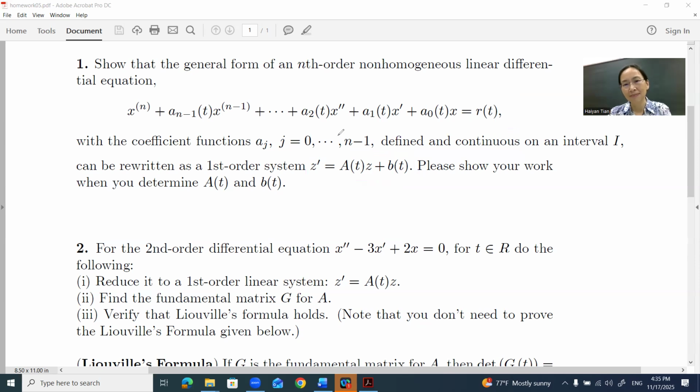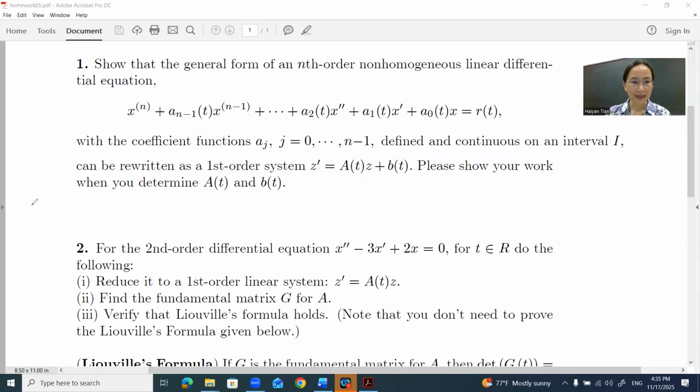Now let's think about it. To give you a hint for this problem, I will consider a third order equation. How do we reduce it to first order?